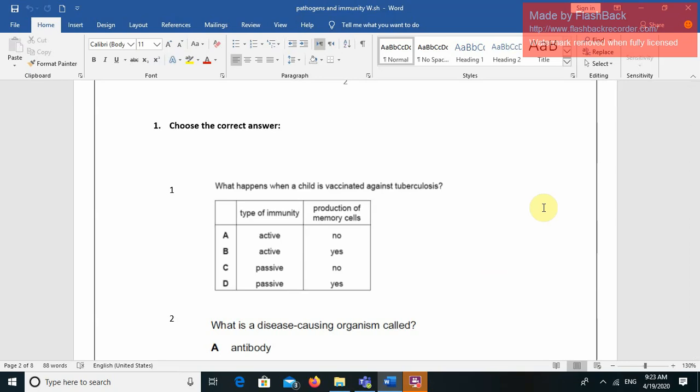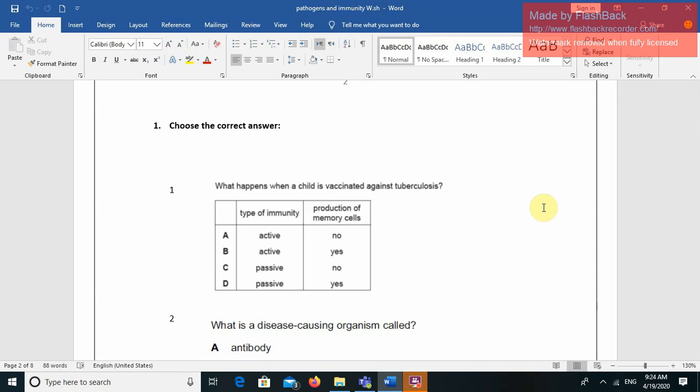Now, question one. What happens when a child is vaccinated against tuberculosis? We said that children are regularly vaccinated against many diseases. The vaccine which is given to children contains the pathogen and the antigen. That's why it stimulates the immune system to produce antibodies against these pathogens or antigens.